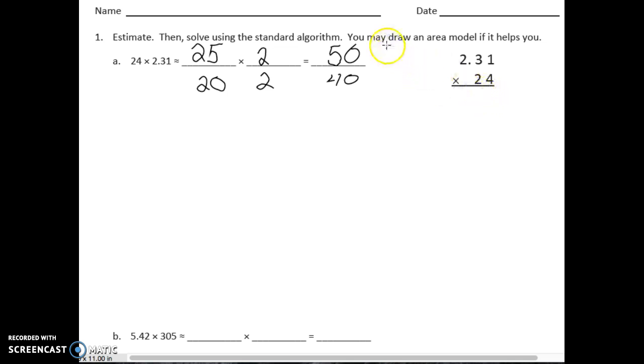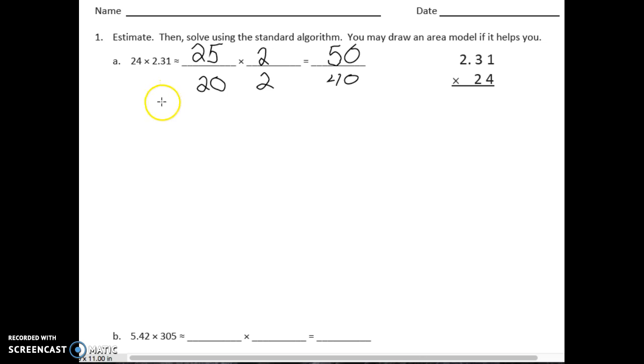The next thing it's asking us is it's saying you can draw an area model if it helps you. And I know for lots of students, it really has been very helpful. So one thing I'm going to do to make this easy also is I'm going to go ahead and multiply this, because I have 1 in the hundredths place.